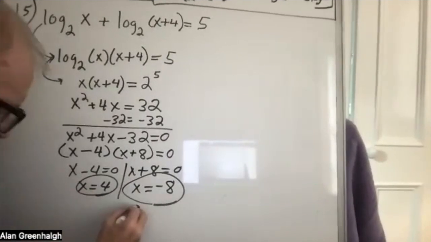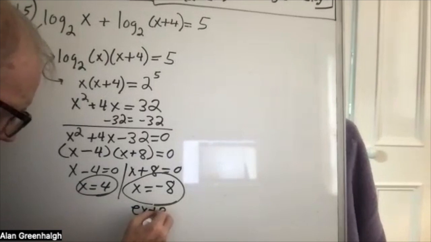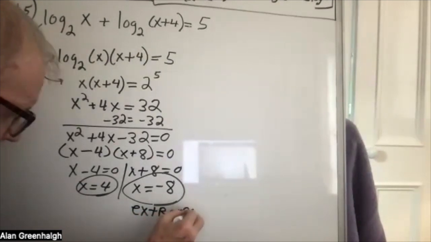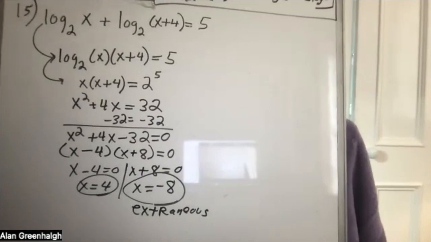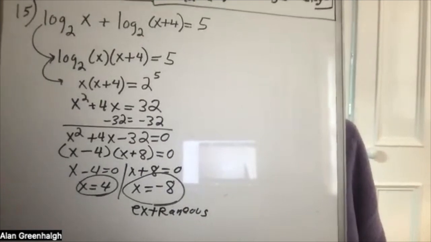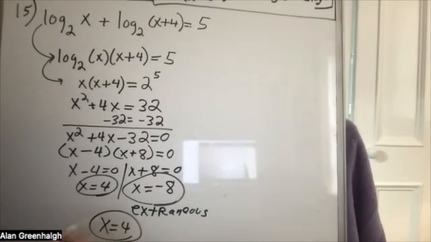Therefore, this is extraneous. Now this works, the log of 4 and then 4 plus 4, that's fine. The answer to the question is x is equal to 4. And that, ladies and gentlemen, will be your test.